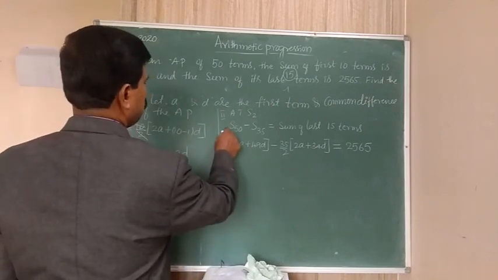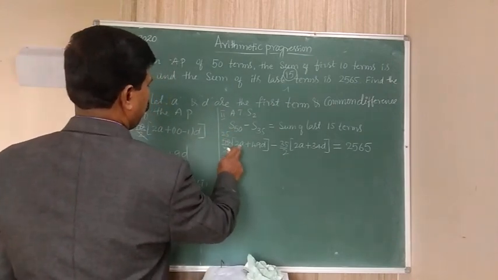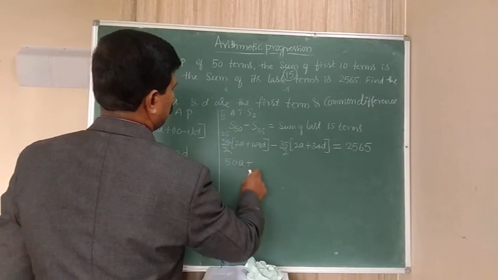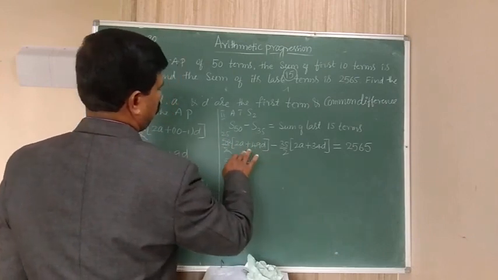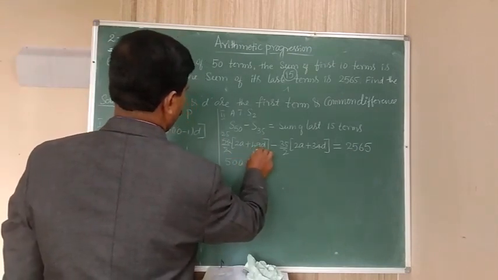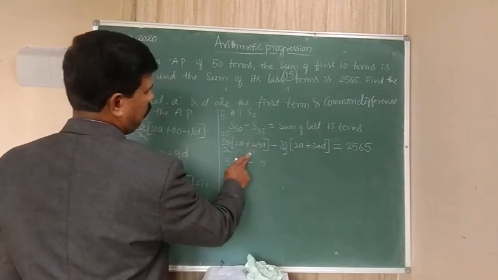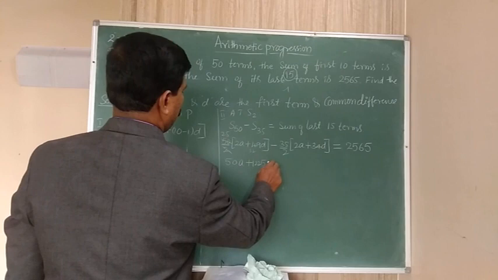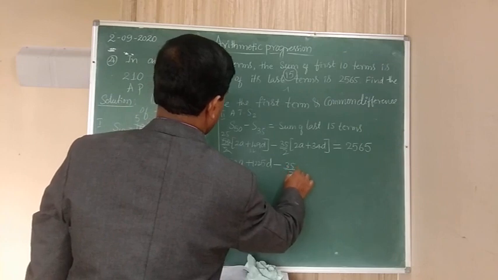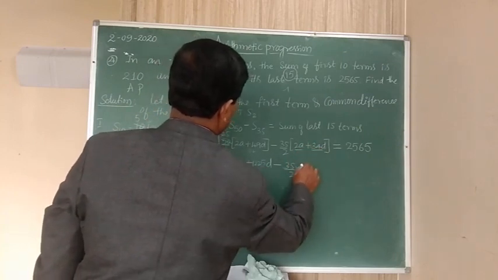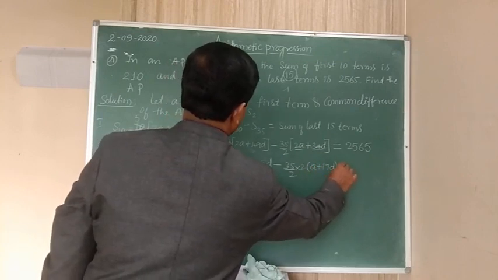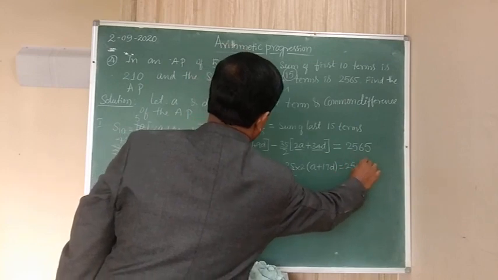Now 2 ones are 2, 25 ones are 25. Here 25 twos are 50a plus 25 into 49, which is 1225d, minus 35 by 2 into, taking 2 common, what is left is a plus 17d, equals 2565.